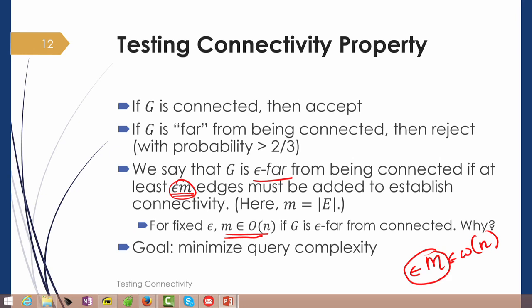As a result, we can safely assume that we are dealing with a sparse graph with at most O of n edges. Our goal is, of course, to minimize the query complexity, basically the number of queries that we need in order to answer whether the graph is connected or not.